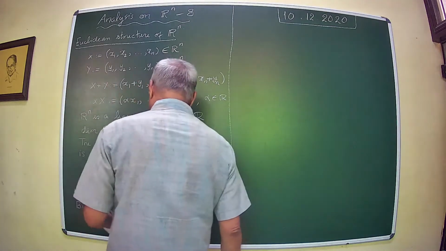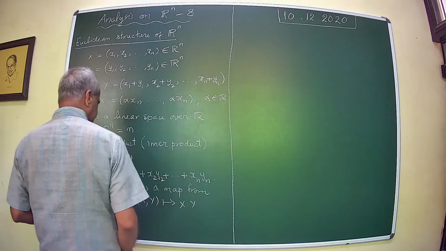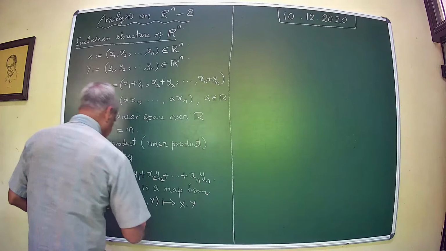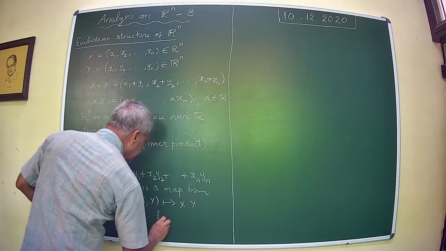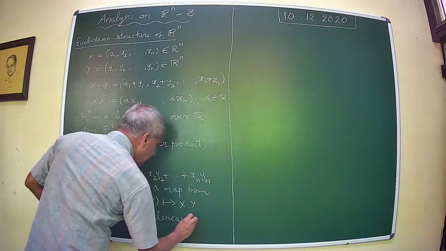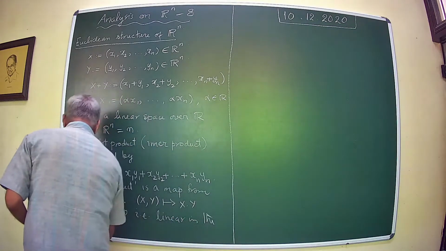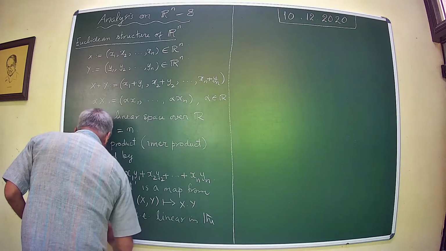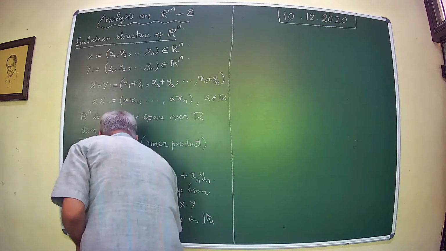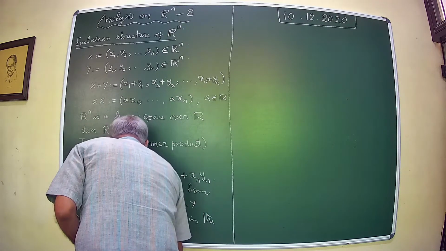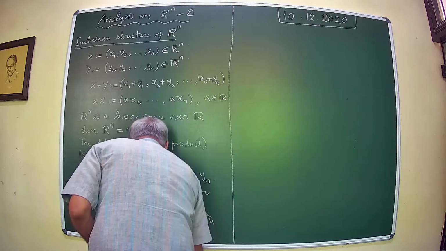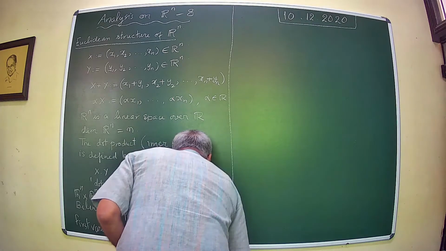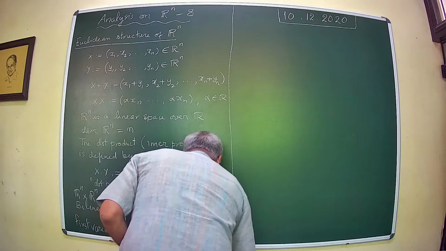So we are talking about a bilinear map, that is linear in the first variable as well as the second variable.